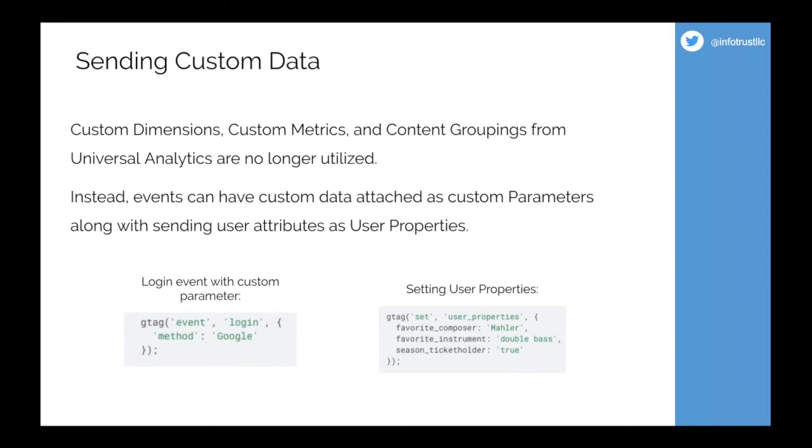These are taken from the Google documentation, so if you review those, you'll probably see those in there, but this gives you an idea of how you can actually send in custom data. It's not going to be the same as Universal Analytics with custom dimensions and metrics and content groupings, but you can still collect a lot of that information. It's just going to be sent in a different way.